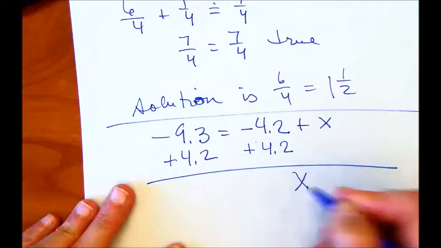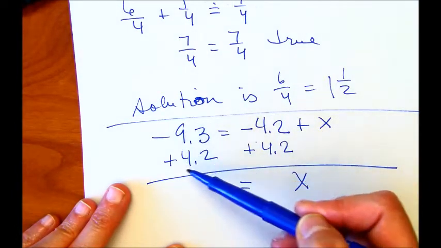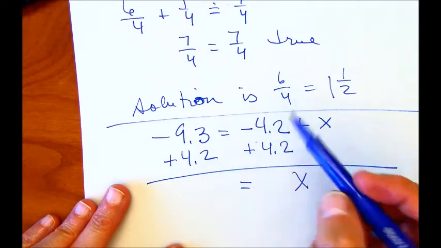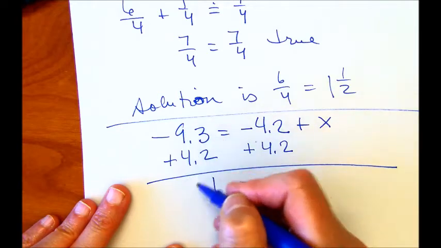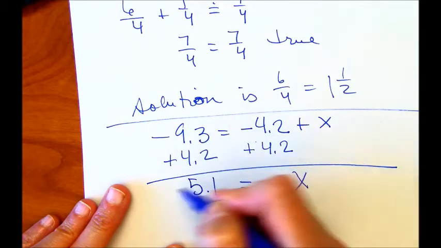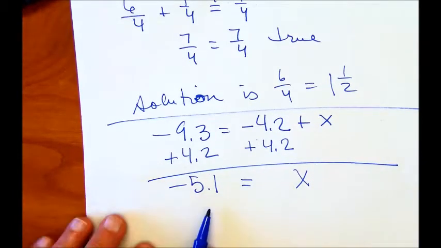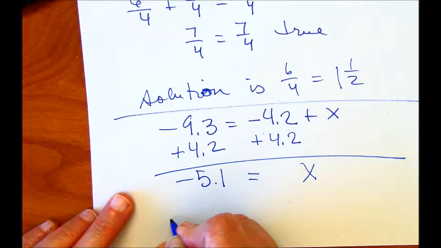So we've got x equals, and then when we have a negative and we're adding a positive, we're basically subtracting, and the answer will take the higher sign. So that's going to be 1 and 5. So negative 5.1. Now, what I want to do is plug that into the original equation.